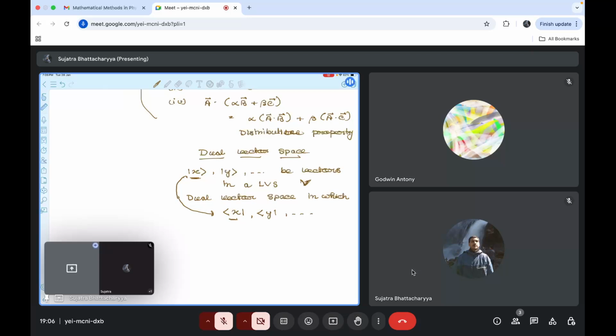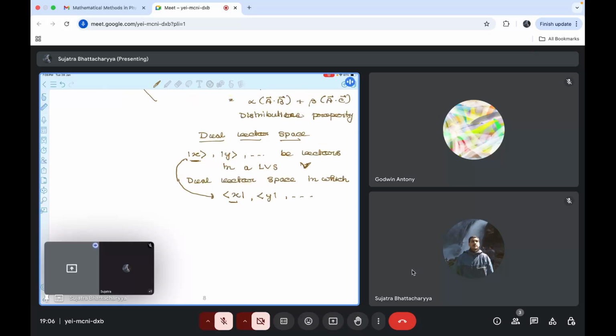I would not say this is a vector, but this is a kind of transformation. This is not a vector. I will discuss in detail what is actually happening. This is a kind of transformation, and this is a linear transformation.